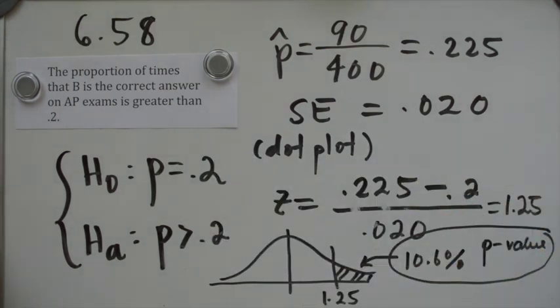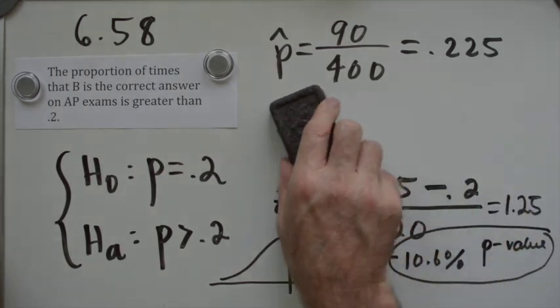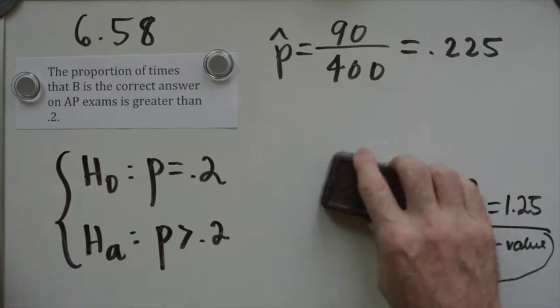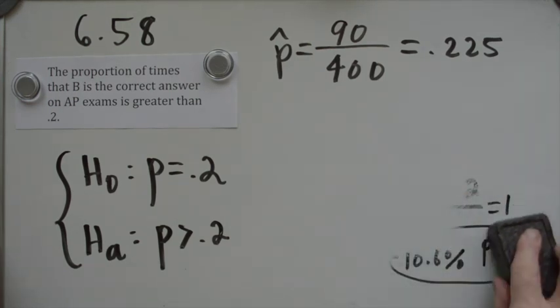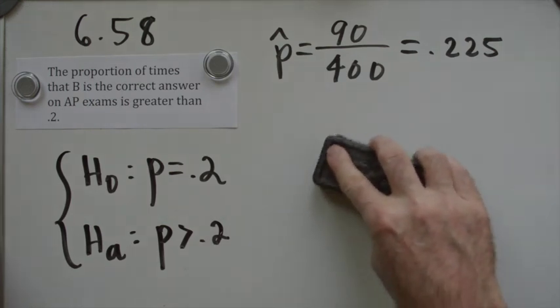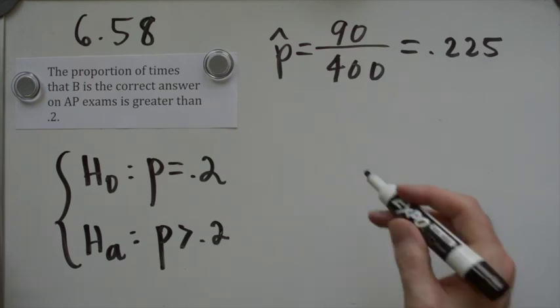Now what we want to do is do this one last way, and this is using theory alone. So now we have to imagine that we don't have any simulation to help us find the standard error. We're going to find the standard error using our theory.